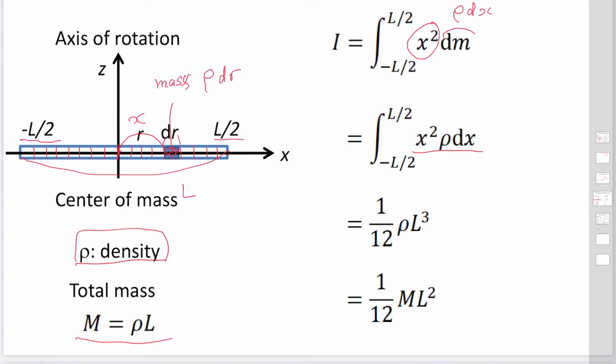So it becomes 1 over 3 rho x cubed, from minus L over 2 to L over 2. And then you can calculate; it becomes 1 over 12 rho L cubed. Then you can substitute that the total mass is rho L. So the moment of inertia of a slender rod is expressed as 1 over 12 times the mass times the length squared.